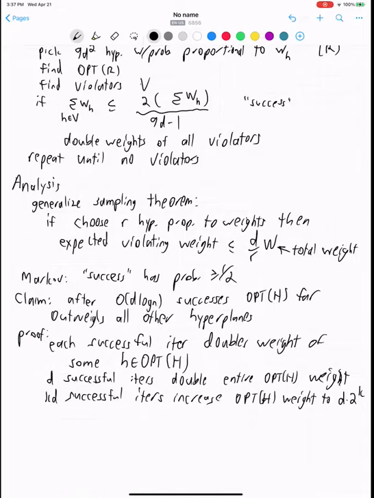Now let's look at the other side, the total weight, which is initially n. What happens to that total weight on a successful iteration?